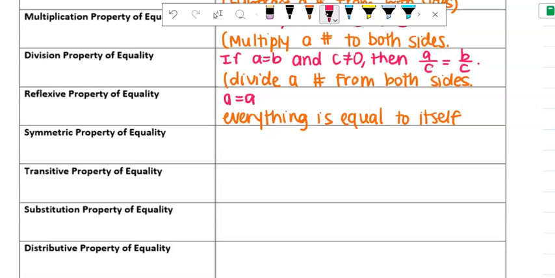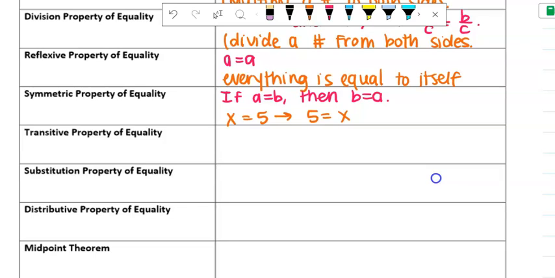You probably used this in Algebra 1, but you probably didn't know that it was the symmetric property. This one says that if A equals B, then B equals A. We can flip sides of the equation. You probably saw this in Algebra 1 when you did x equals 5 is the same as 5 equals x. If you had to always flip your x to the left side, that's the symmetric property.